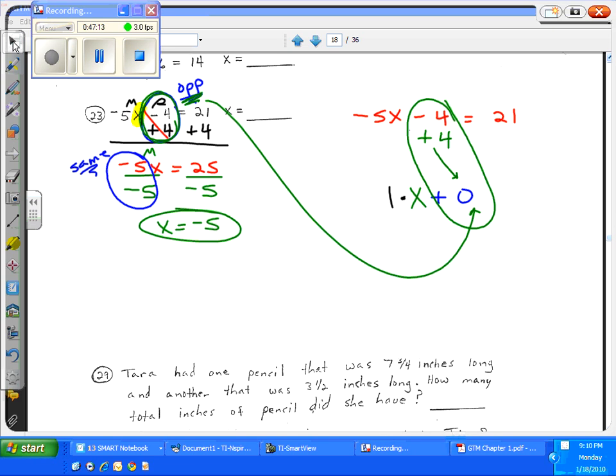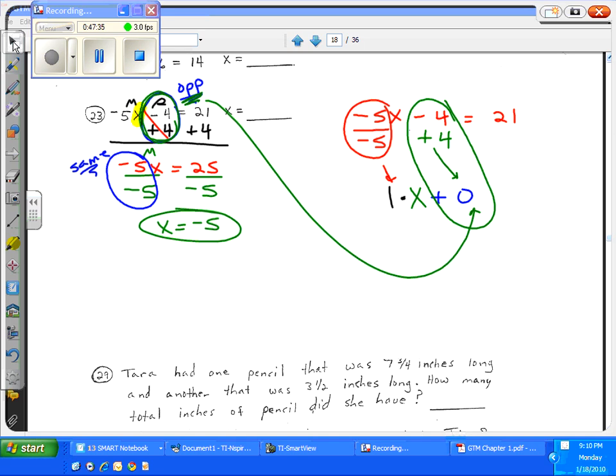You can see all of this on page 29 of the Algebra 1 textbook, where we talk about additive identity and multiplicative identity. We're not really trying to get rid of the negative 5. We're trying to turn the negative 5 into a 1. The way you turn something into a 1 is divide that something by itself.